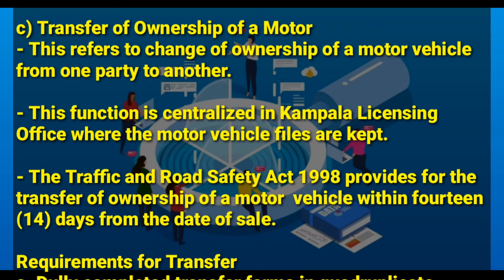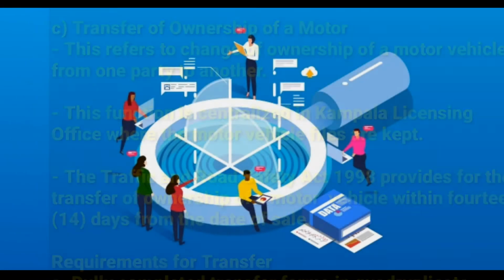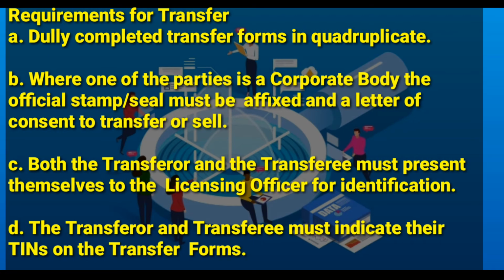Let's look at the requirements for transfer of a motor vehicle. The first one is duly completed transfer forms. Then, where one of the parties is a corporate body, the official stamp or seal must be affixed and a letter of consent to transfer or to sell.